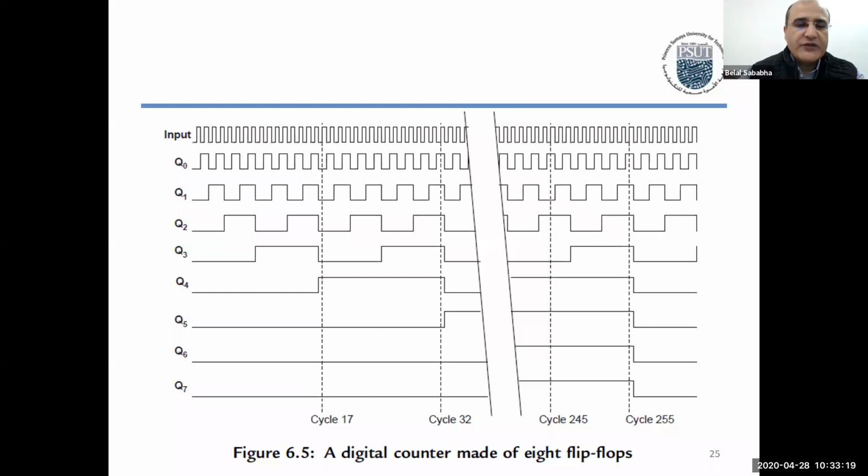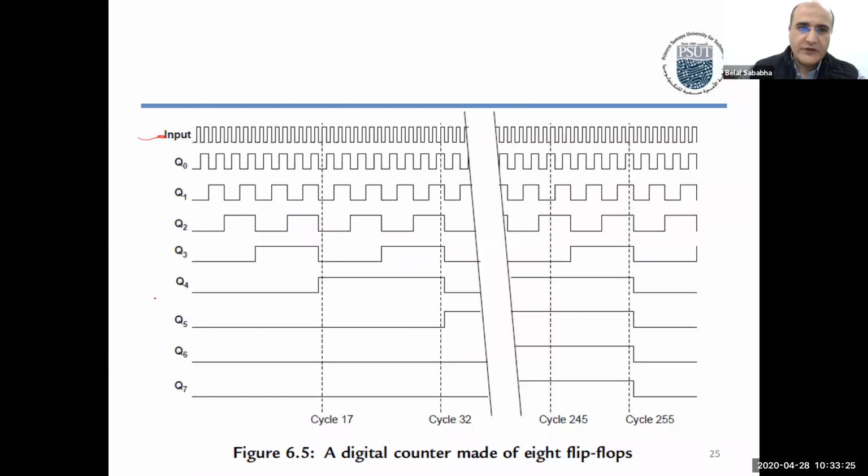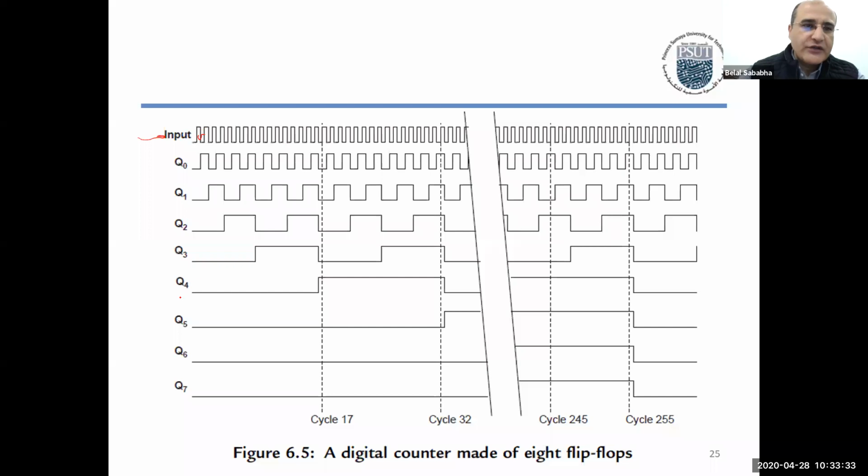Okay, when the first clock, this clock input, comes on a falling edge, because we had a bubble here, Q0 will toggle.